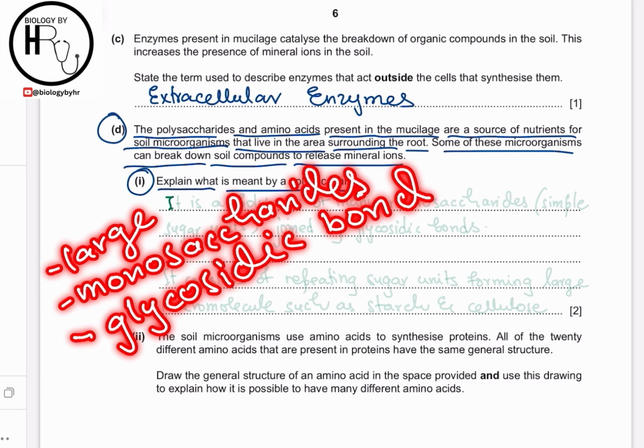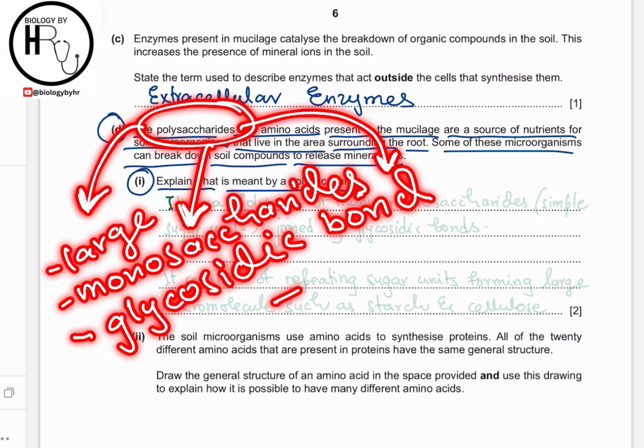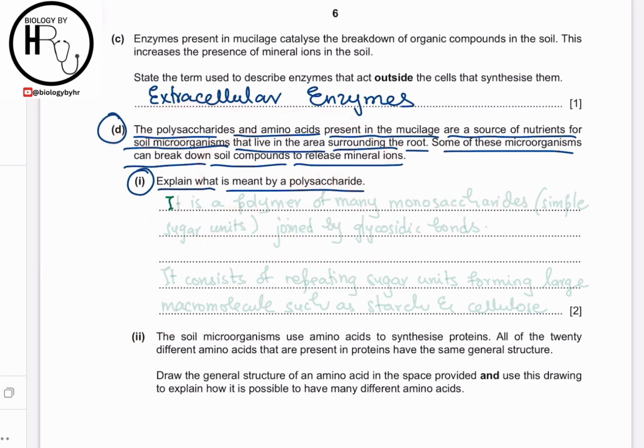So a polysaccharide is a very large carbohydrate molecule made up of many monosaccharide monomers which are joined together by glycosidic bonds in a reaction known as the condensation reaction. So this is basically how you are supposed to write the answer for the polysaccharide.